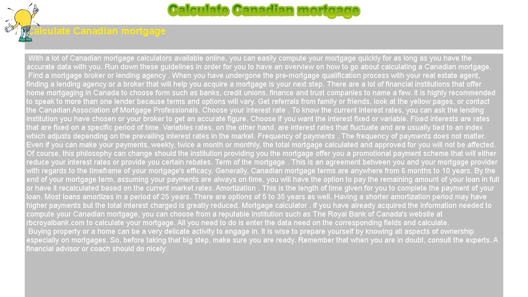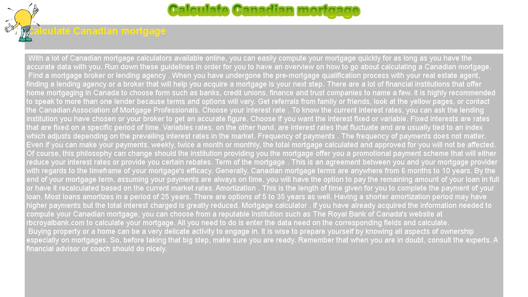Choose your interest rate. To know the current interest rates, you can ask the lending institution you have chosen or your broker to get an accurate figure. Choose if you want the interest fixed or variable.